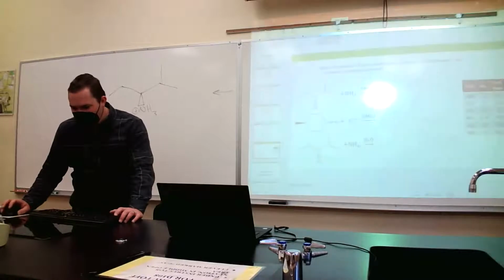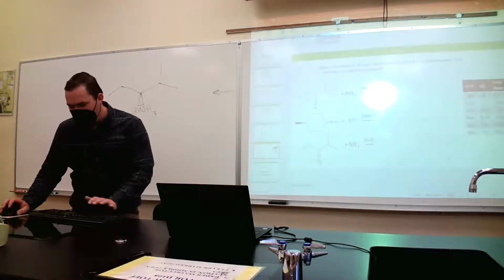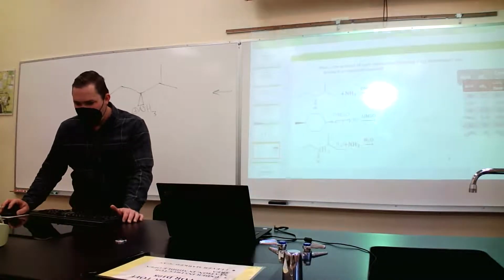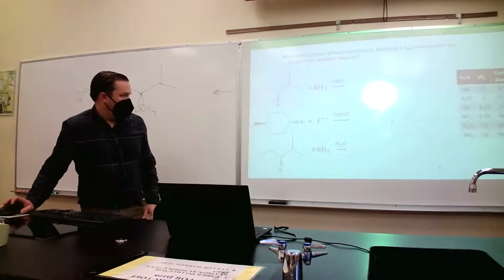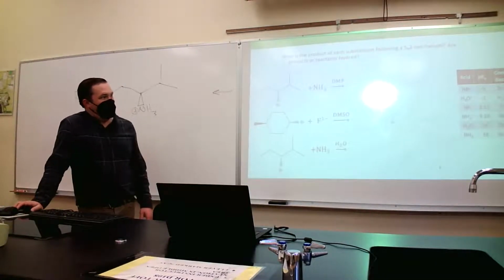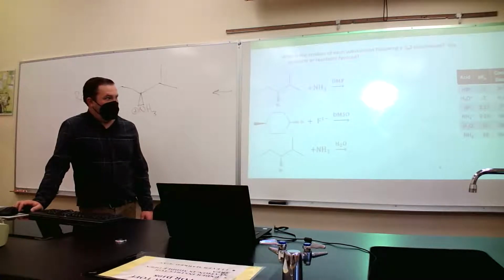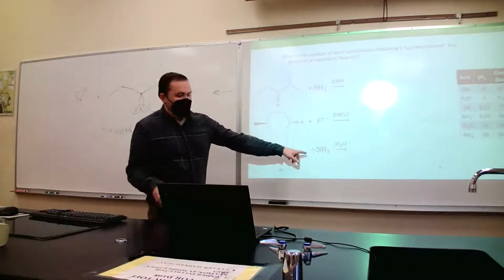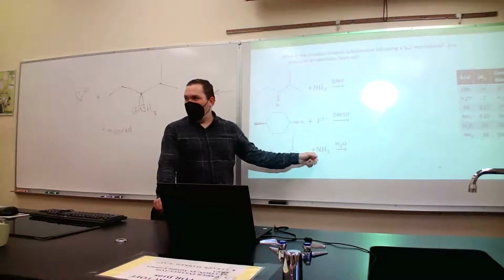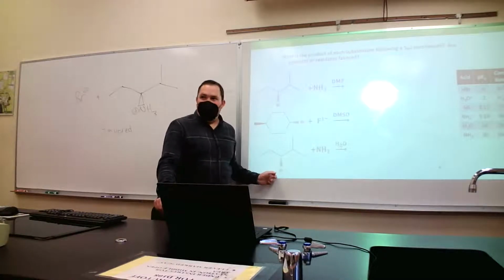If it's not a hydroxide, if it's a bromide, now we're even further apart as far as our leaving groups. The nitrogen is going to be a lot more stabilized by the water than the bromide will.